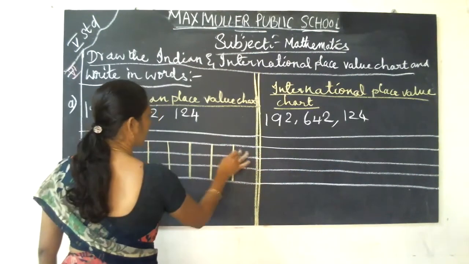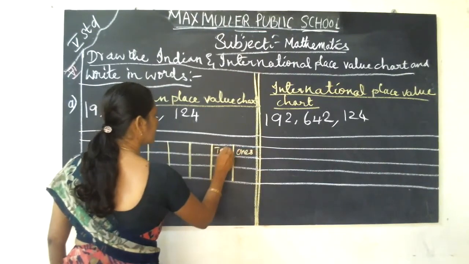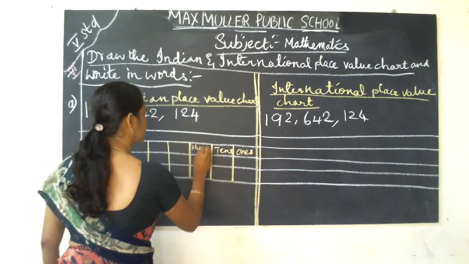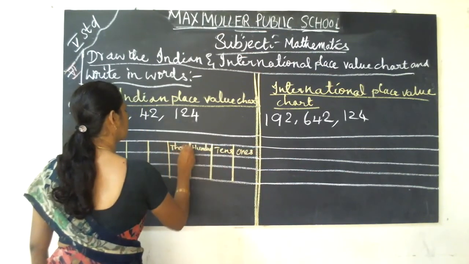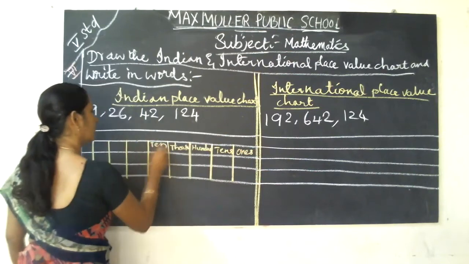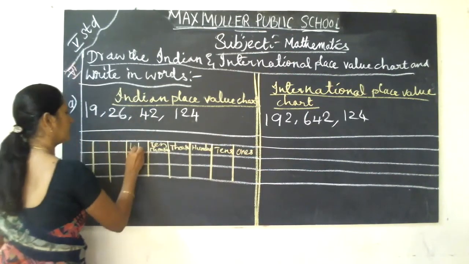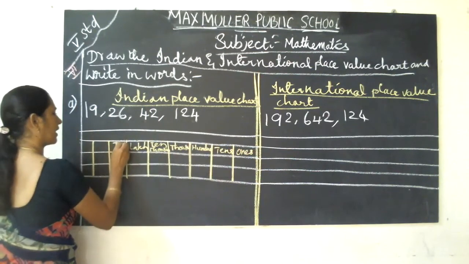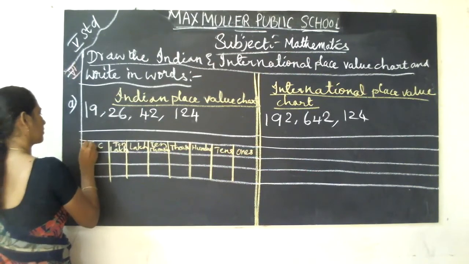So ones, tens, you have to write here. Ones, tens, 100, 1,000, 10,000, lakh, 10 lakh, crores, 10 crores.